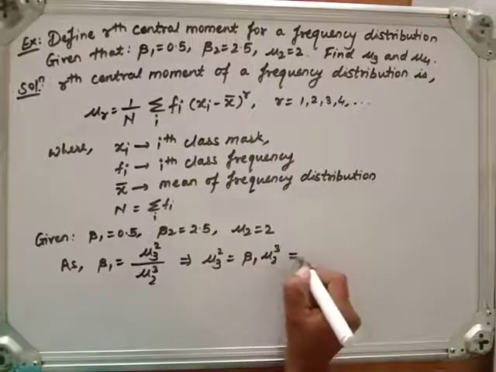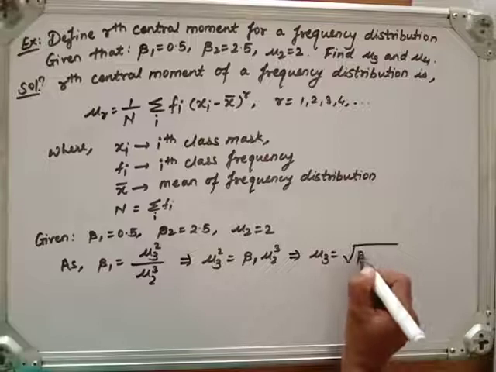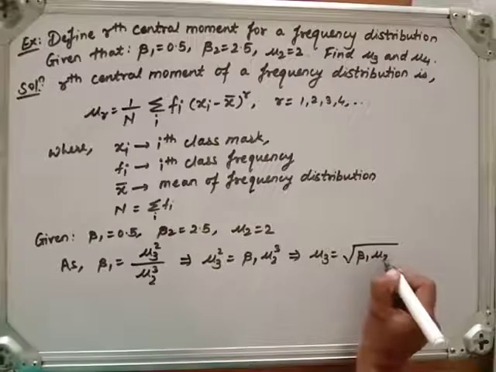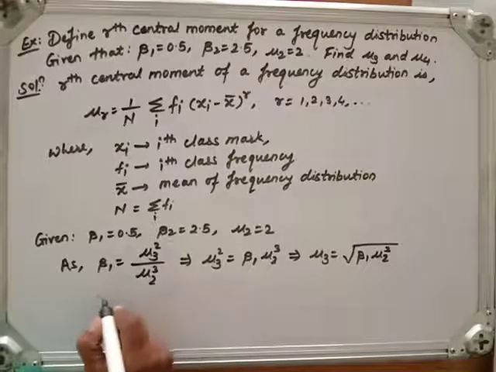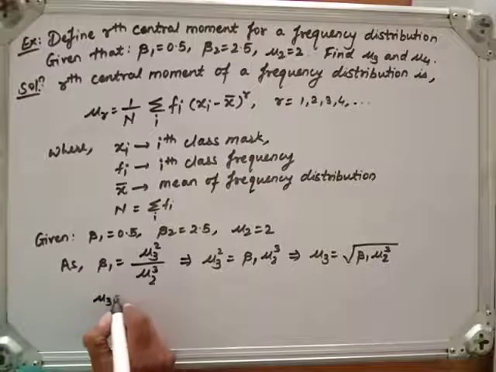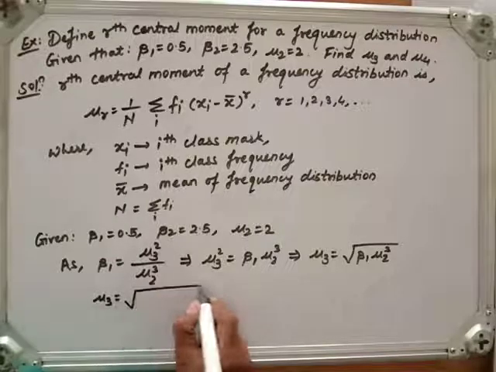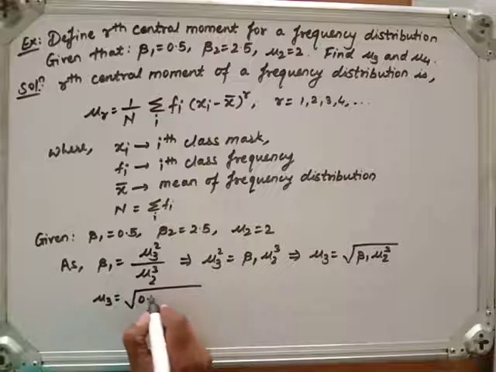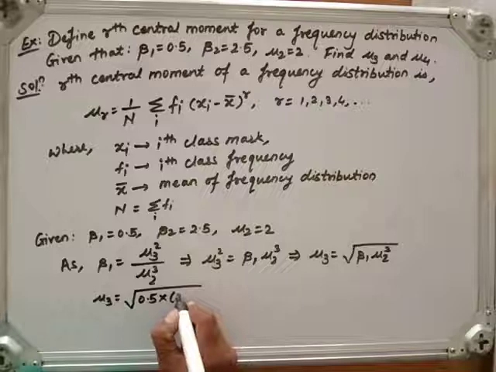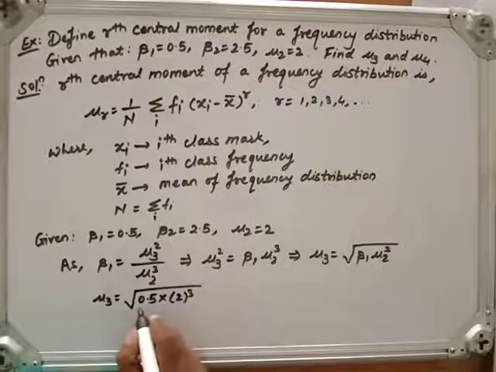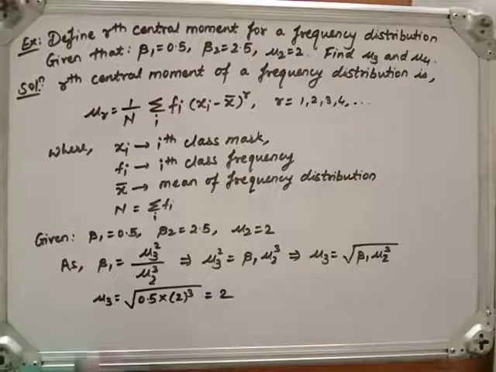That gives mu 3 is equal to root of beta 1 into mu 2 cube. Substituting the values, mu 3 equals root of 0.5 into 2 cube, which is 8 into 0.5, that is 4, and the answer is 2.